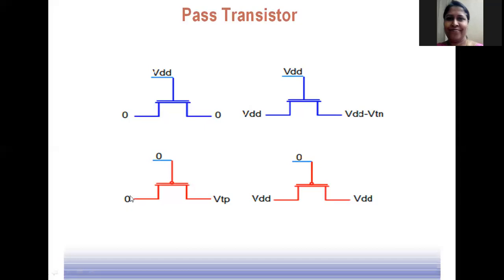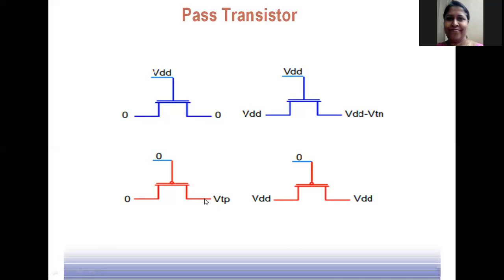And if you apply 0, logic low, here at the input terminal, the device is on. So the logic low is connected to the output through this on transistor, and the output now will get low voltage.